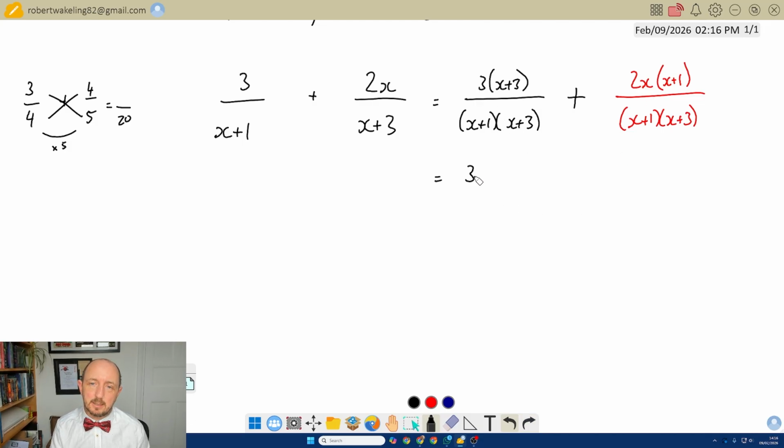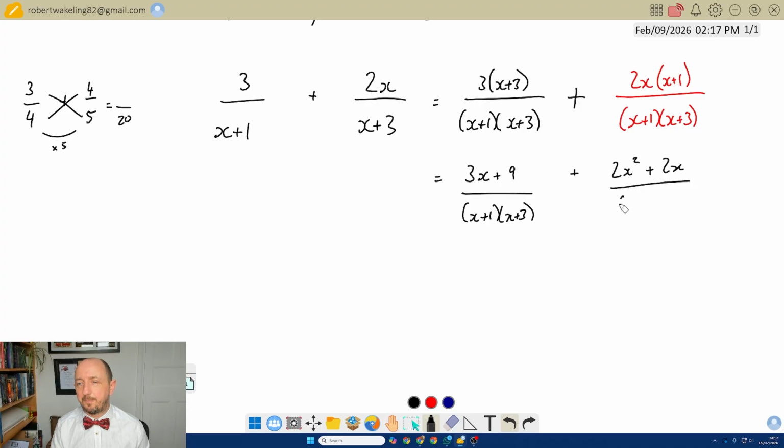And then we can just expand the numerators, 3x + 9 and 2x² + 2x over this (x + 1)(x + 3) on both sides, and then we can add both of these because we've got the same denominator.